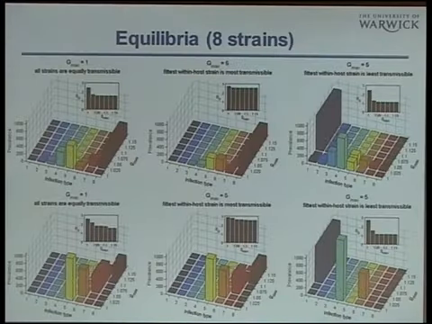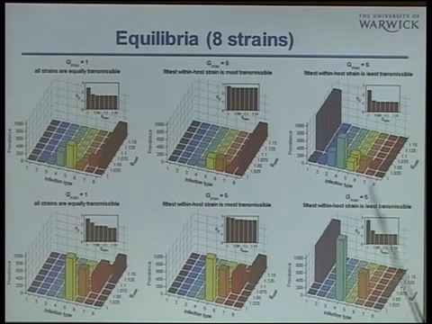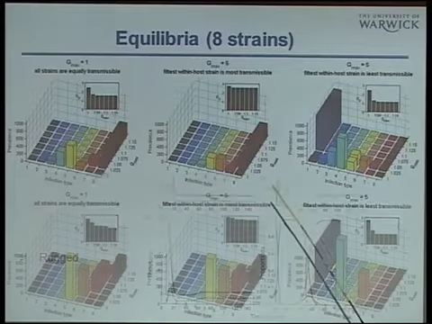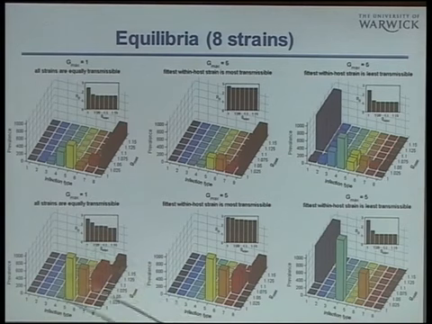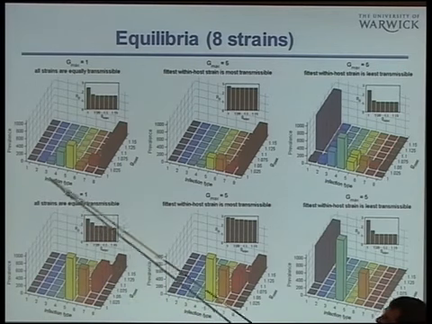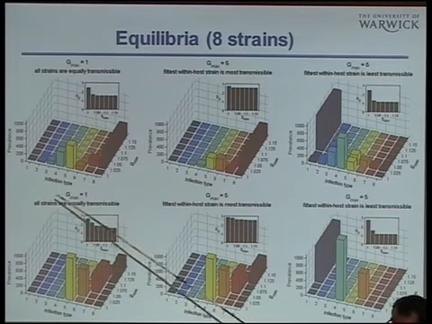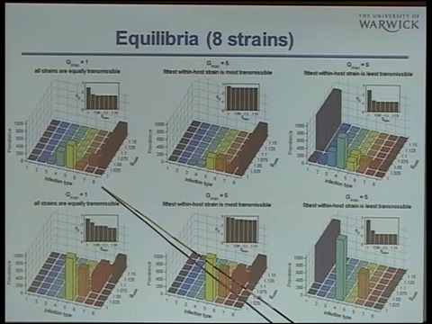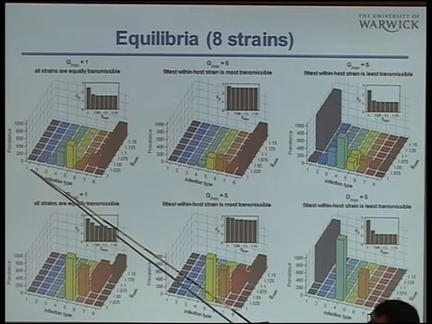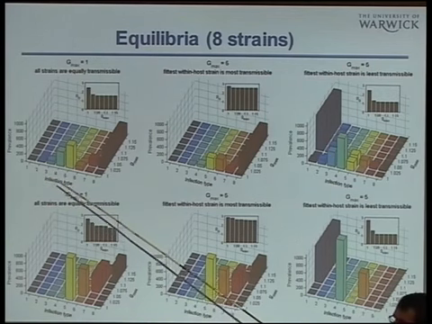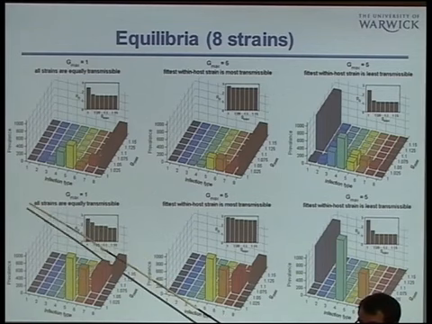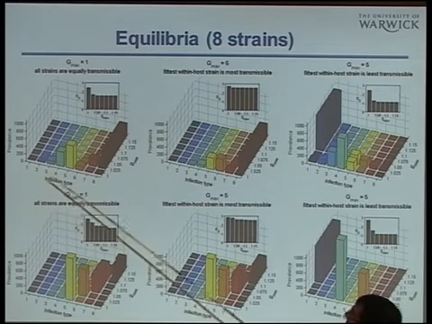So what happens if I look only at equilibrium, at the prevalence at equilibrium, which I can calculate, avoiding all the dynamics that I described here? I can go straight to the equilibrium. These figures are a bit complex, sorry. You have 8 different strains, which determine 8 different types of individuals, from 1 to 8. Type 1 is infected with strain 1, which has a within-host replicative capacity, or within-host fitness, of 1.